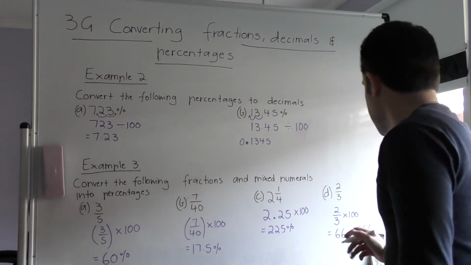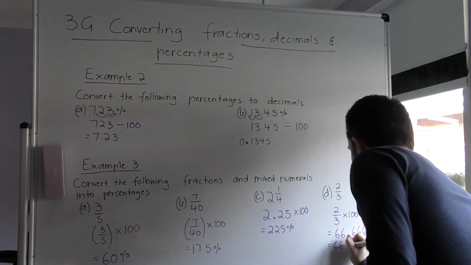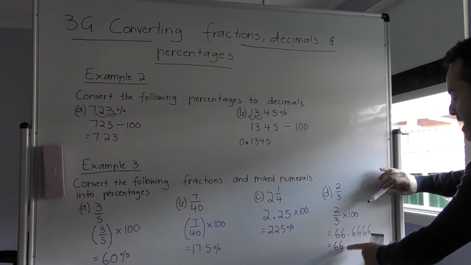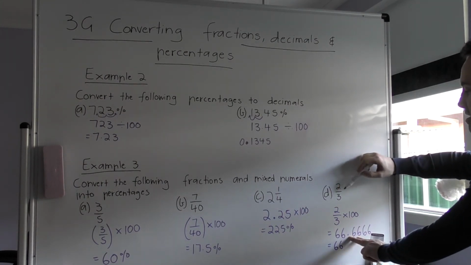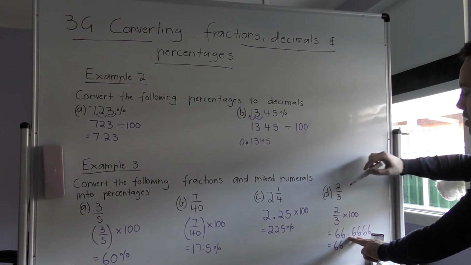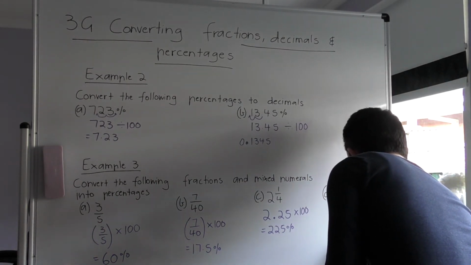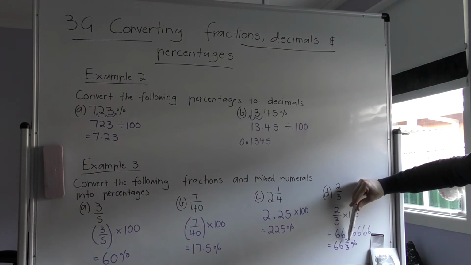But in this case, if you wanted to write this accurately, you can write 66 as a whole number, and then the 0.66 we know is going to be 2/3. So, you can write 66 and 2/3%.